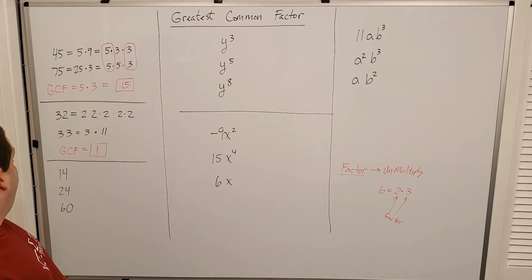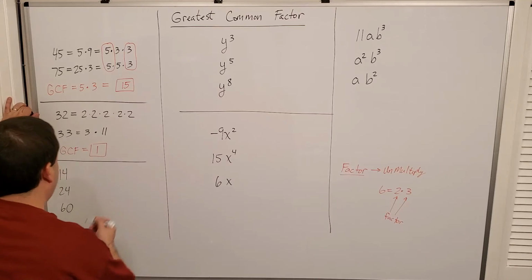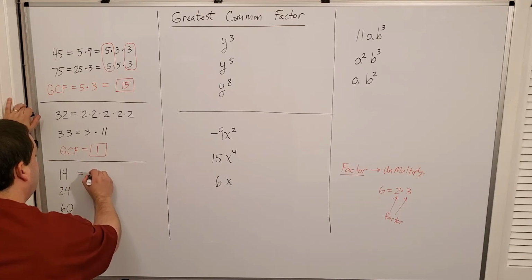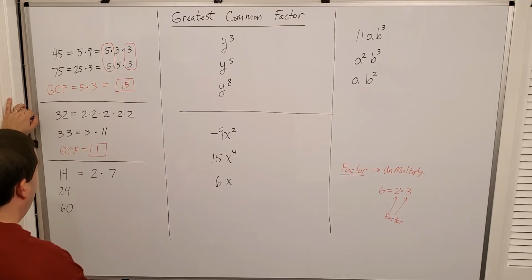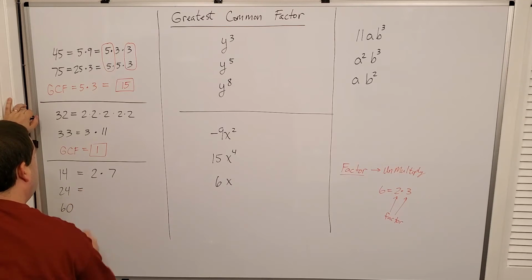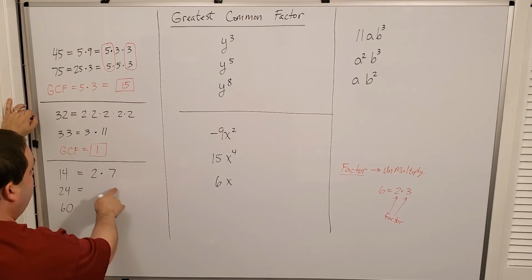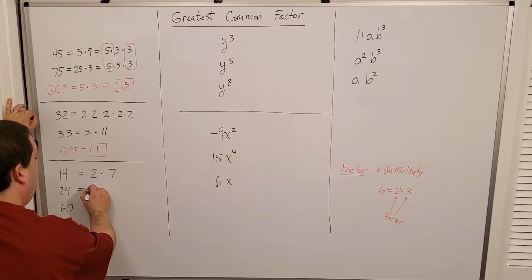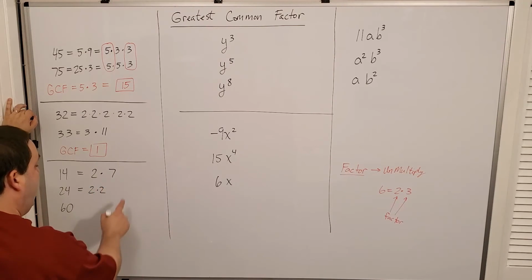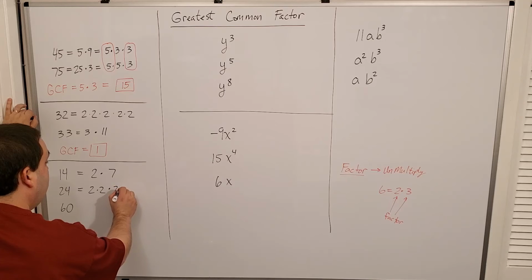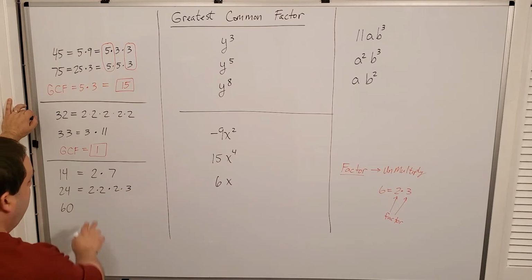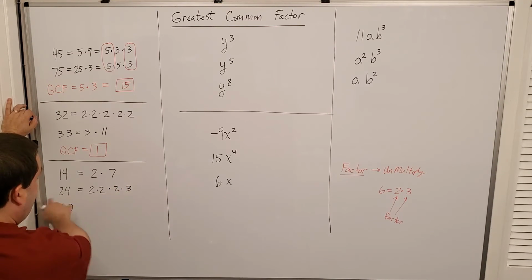Okay, next, 14 is 2 times 7. 24 is 4 times 6, right? So 4 is 2 times 2, and 6 is 2 times 3, right? That's 4 times 6 is 24.